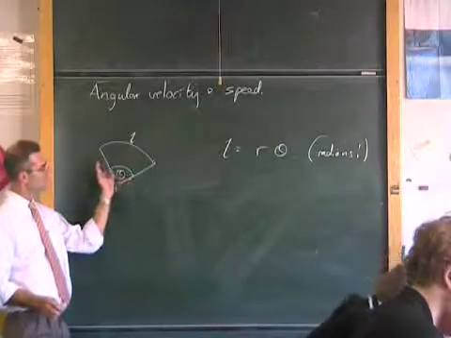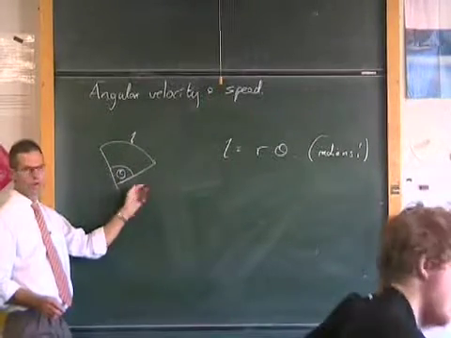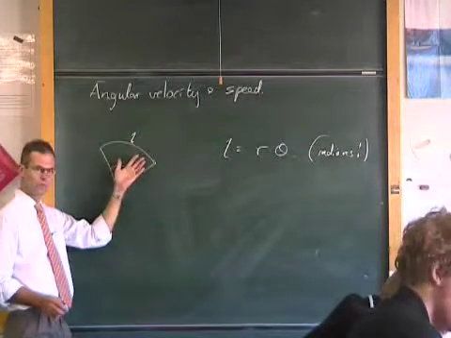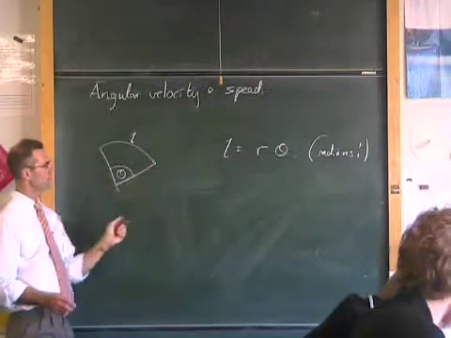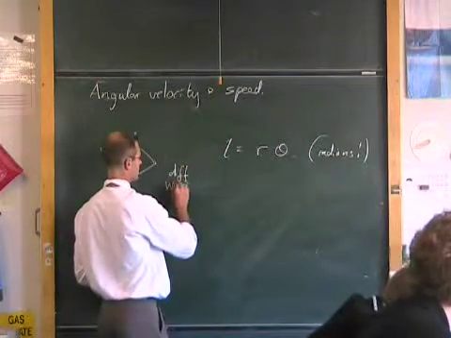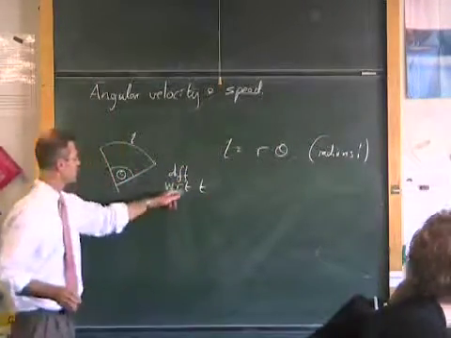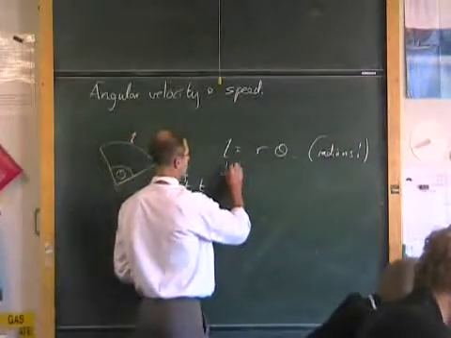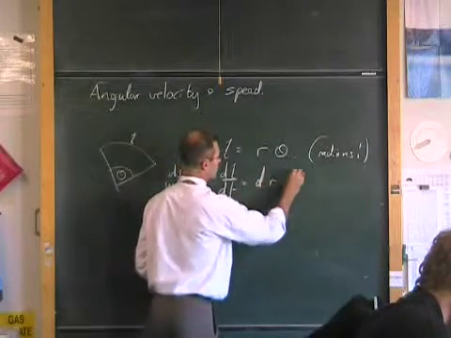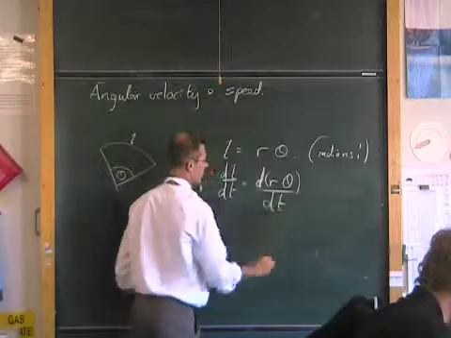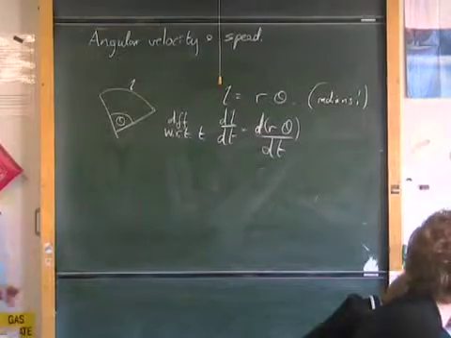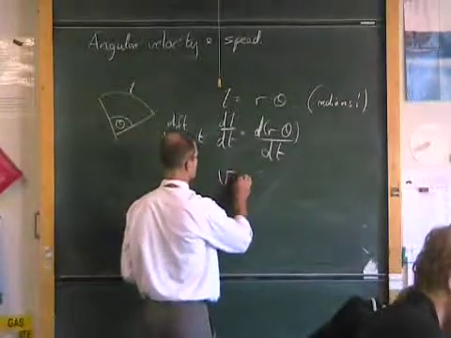But because the rate of change of the linear distance is defined as being the speed, if we differentiate both sides with respect to time, then dL by dt is equal to d(r theta) by dt. dL by dt is just the linear velocity v.